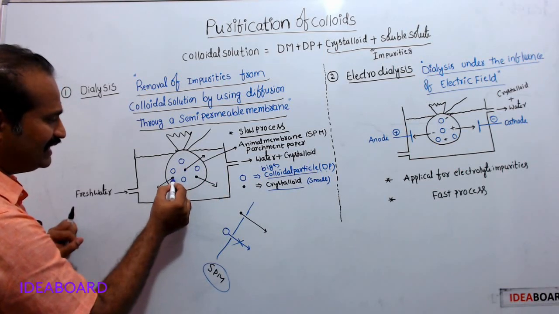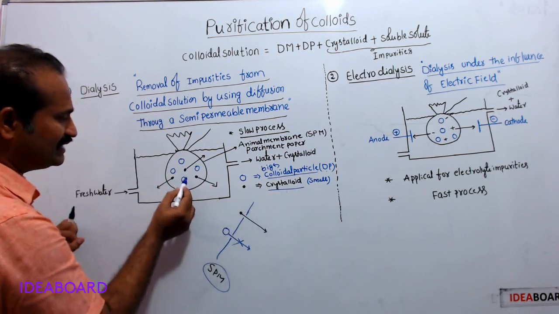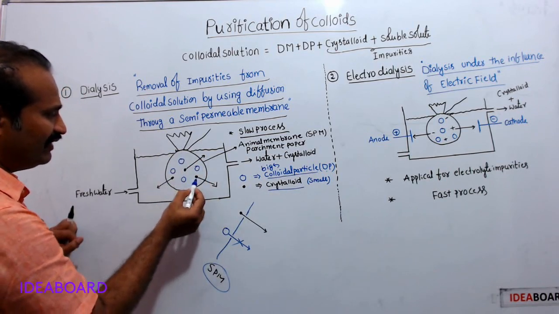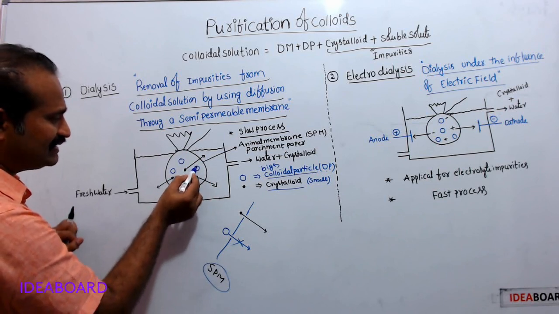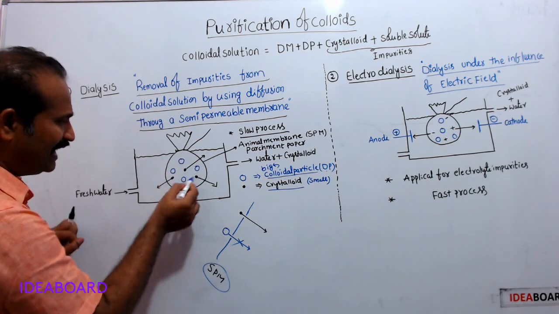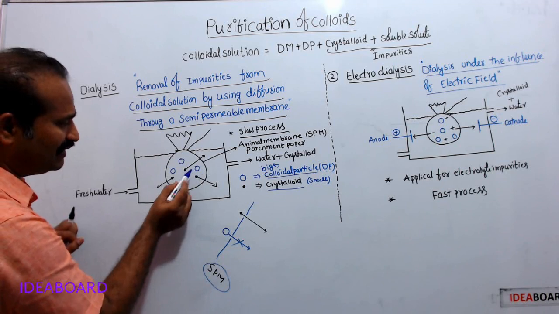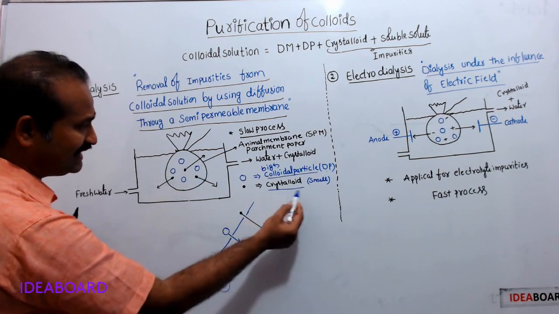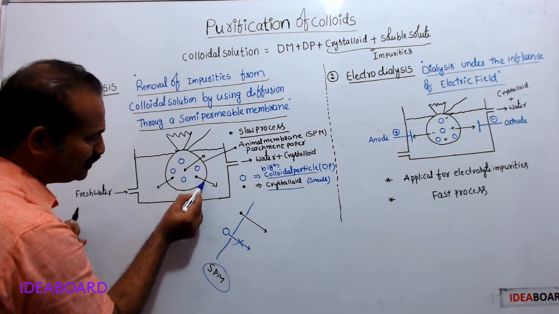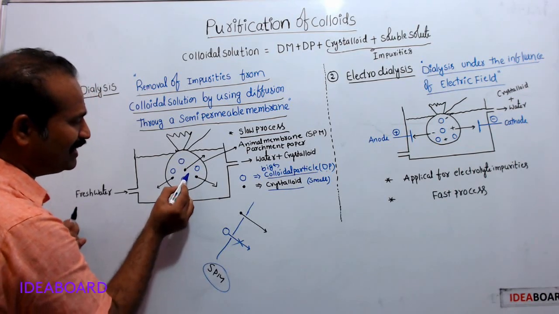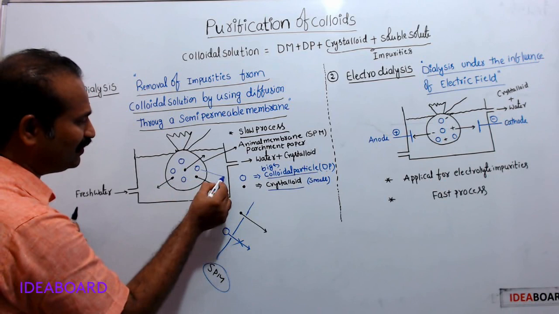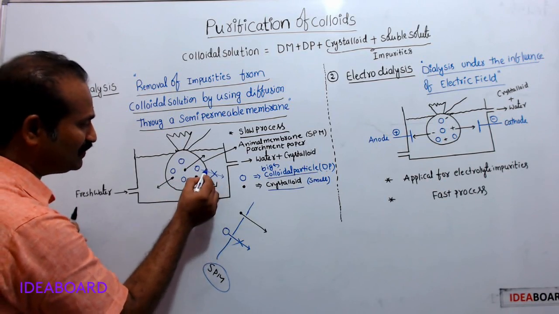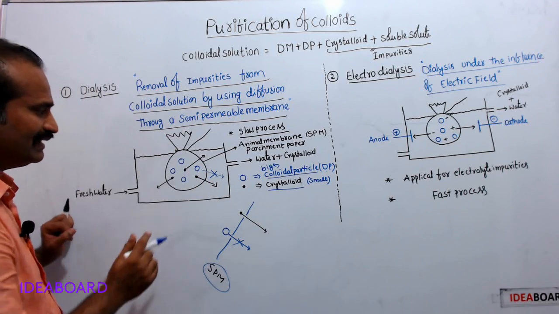In this way, these crystalloid particles are removed from the bag, whereas colloidal particles remain in the bag itself. Why? Because true solution particles, otherwise crystalloid particles, can pass through this animal membrane, but colloidal particles cannot. This is the principle here.